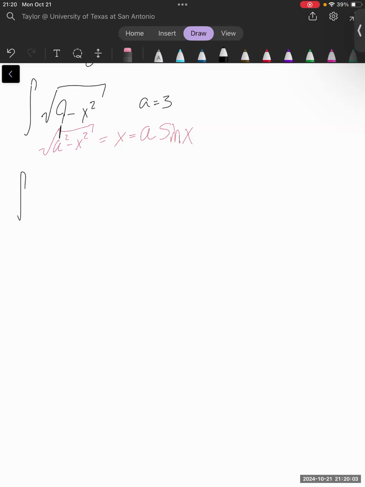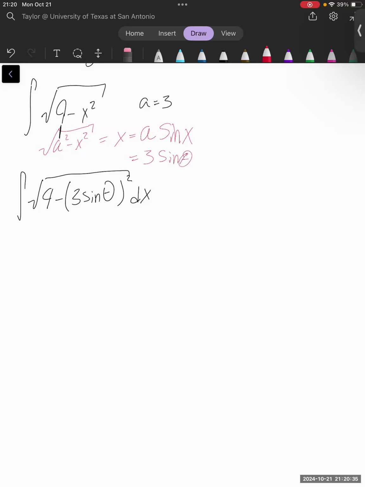So then I have the integral of the square root of 9 minus (3 sine theta) squared. And then dx, what is our dx term? If we look back up here, in this case x equals 3 sine theta.